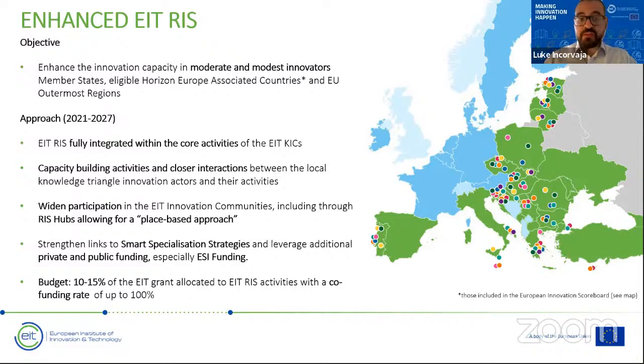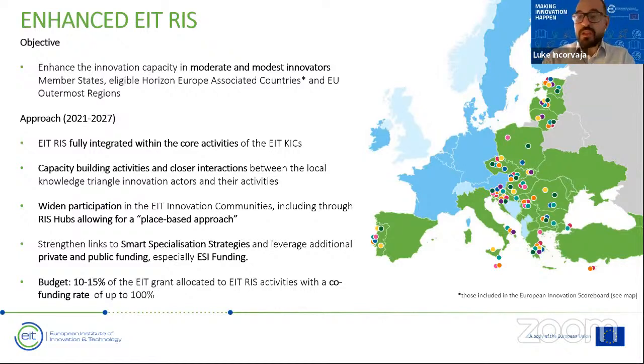We will further strengthen our smart specialization strategies and additionally try to also implement synergies and leverage funding, particularly when it comes to the European structural and investment funds. We will also target complementarities with the instrument for pre-accession assistance in those countries where this is implemented. In terms of resources, this will also increase, and I think this is where the real difference will lie.